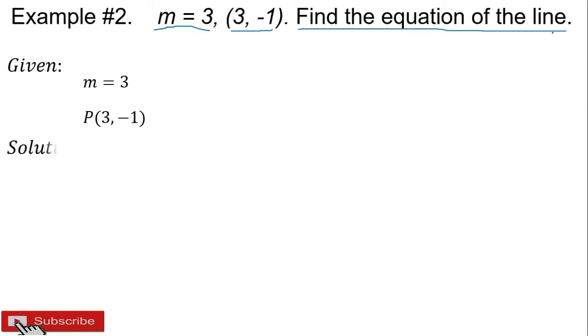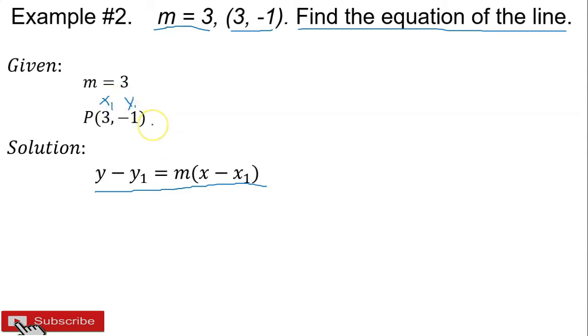So para makuha natin yung equation ng line, gagamitin natin yung formula na y minus y sub 1 is equal to m times the quantity x minus x sub 1. So yung point natin dito na (3, negative 1), yung 3 na yan, that is our x sub 1, and yung negative 1 na yan, that is our y sub 1. So i-substitute lang natin yung value ni x sub 1, value ng y sub 1, at saka yung slope.